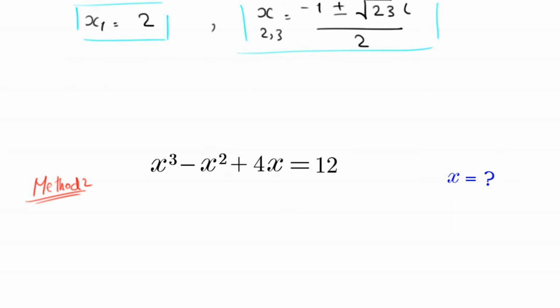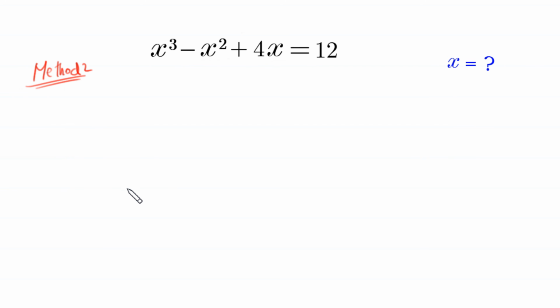Now let's solve this equation by method 2. In this method we move this 12 to the left hand side. Then this equation will become x cubed minus x squared plus 4 times x, and this plus 12 will become negative 12, is equal to 0.